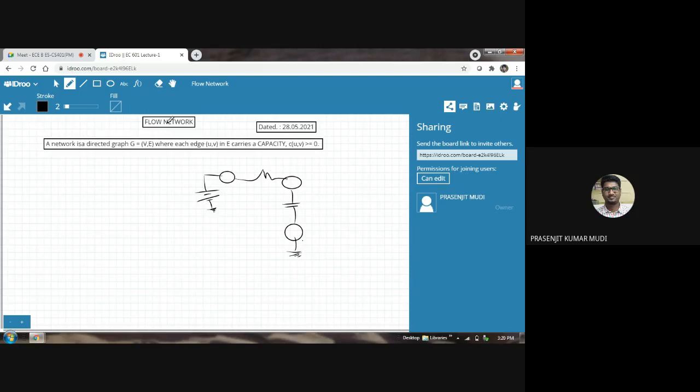It is not a distinct node, so we can have two nodes. This is one distinct node, this is another distinct node. Any point you consider on this node will have the same potential, which is appearing at the positive terminal of the DC voltage source. Then here some different voltage is present at this terminal, so it is a distinct node, and another node you can see over here.